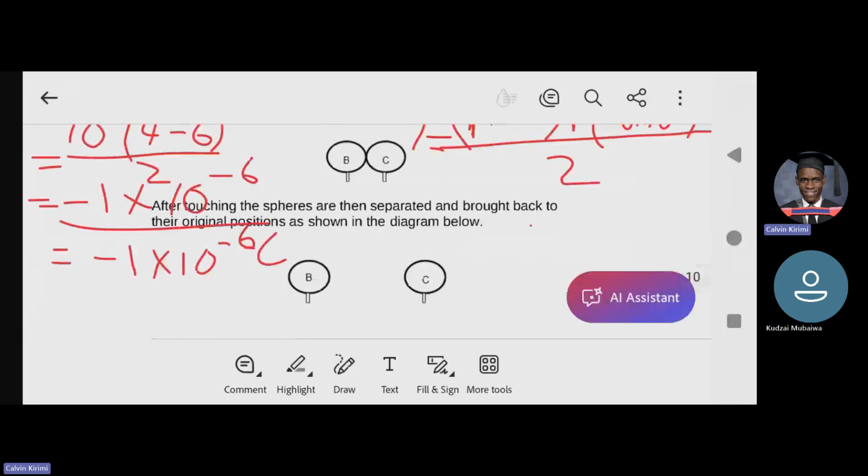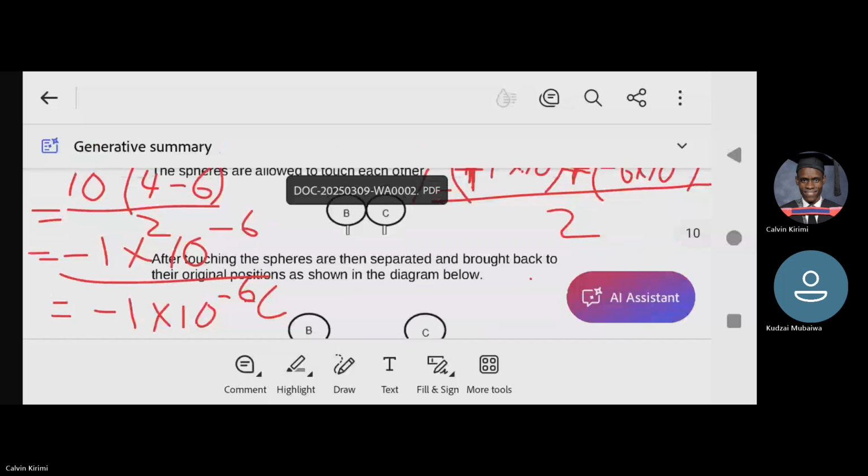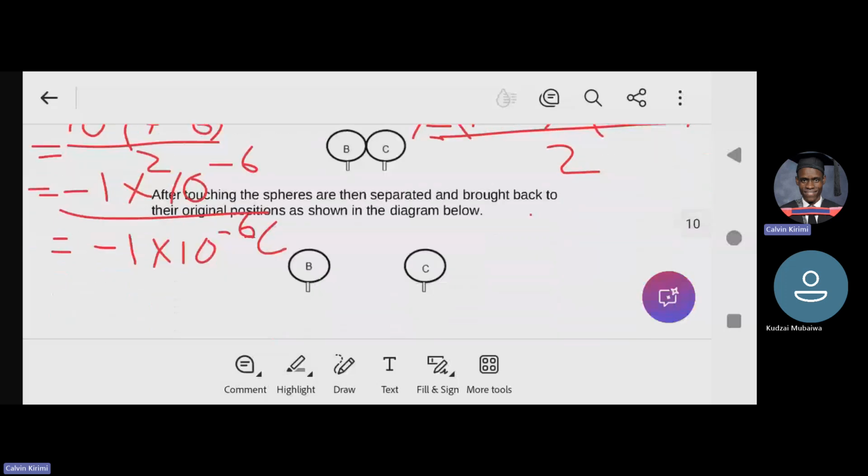So after touching, each sphere is now having this charge.